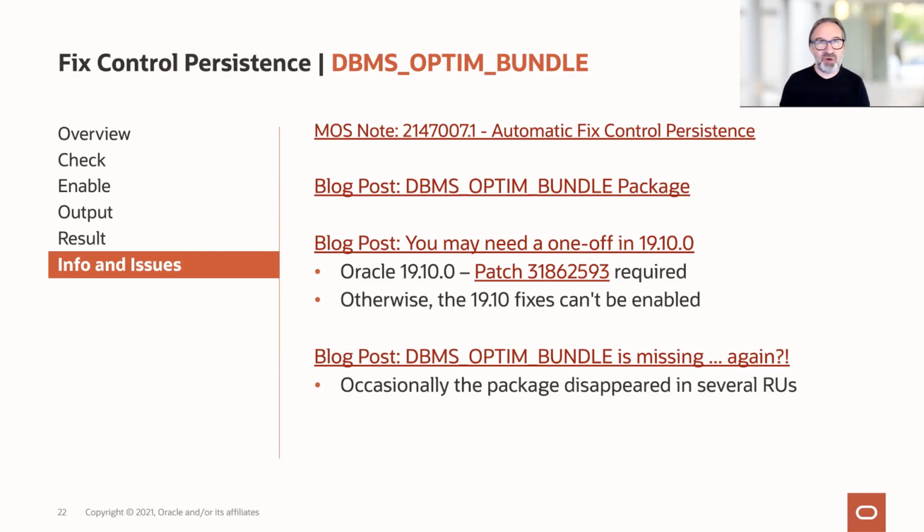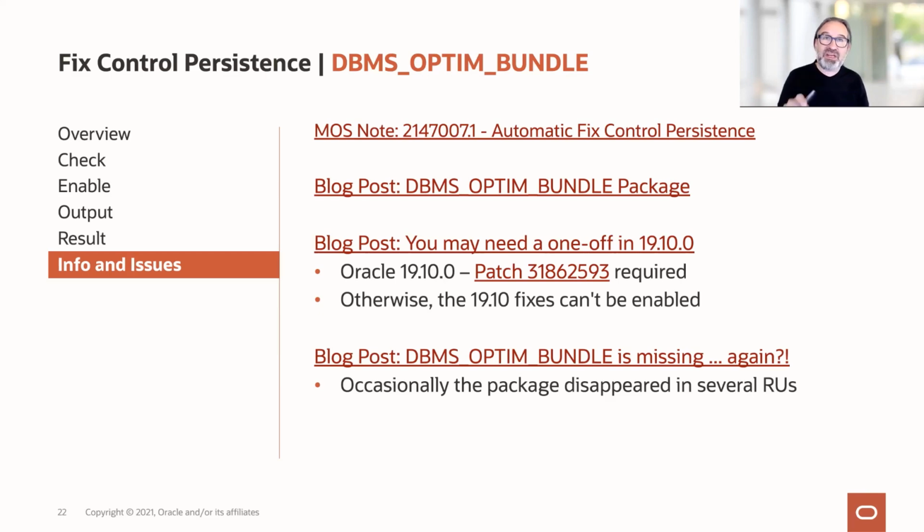So as I said before, in some cases, it appeared and disappeared again in the next bundle or in the next release. And especially for 19.10, you need something. Unfortunately, when you want to use DBMS_OPTIM_BUNDLE, when you never want to use it, ignore that. But when you want to use DBMS_OPTIM_BUNDLE with 19.10, you need patch 31862593.